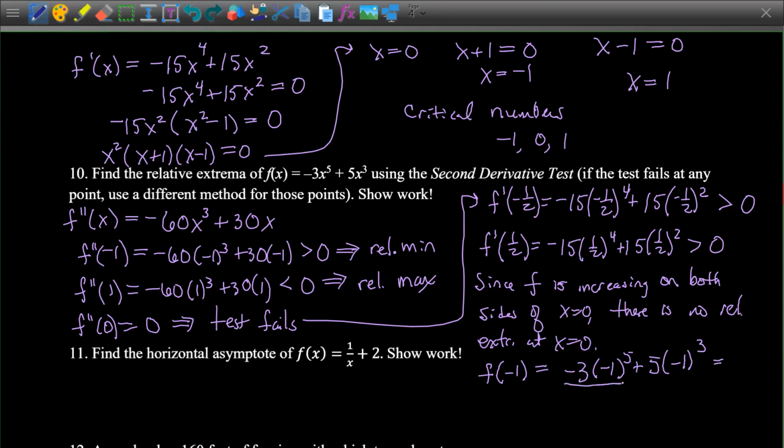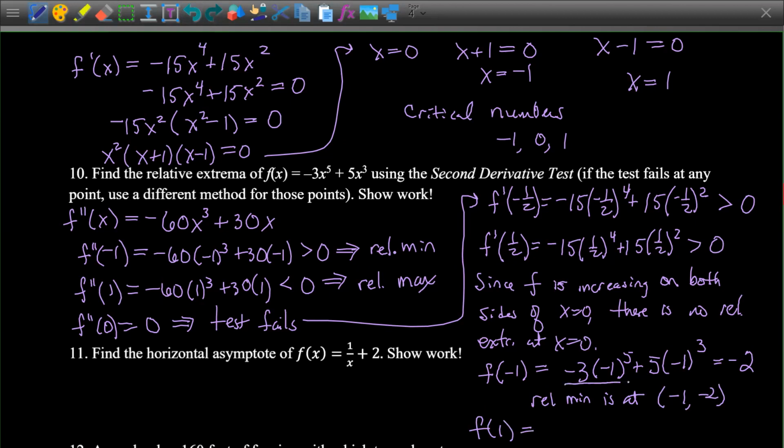So here we have a +3, and then -5 is going to be -2. So that's our actual relative min. And these things, because they're relative, so our relative min, it's important to say, the point. So the relative min is at -1, -2.